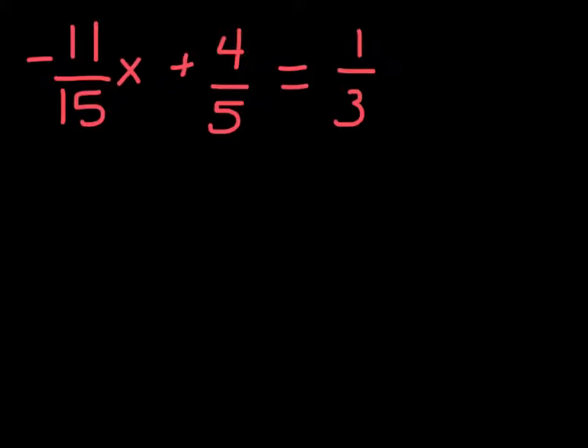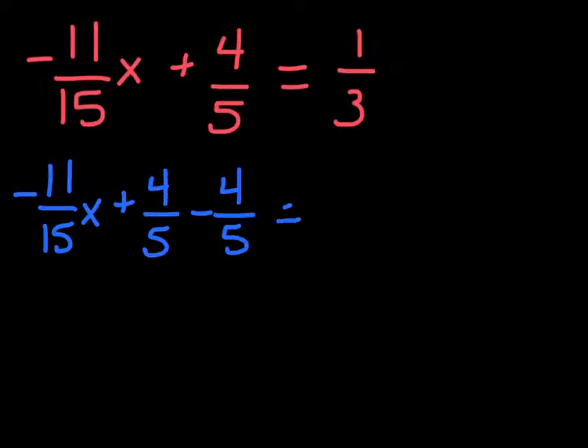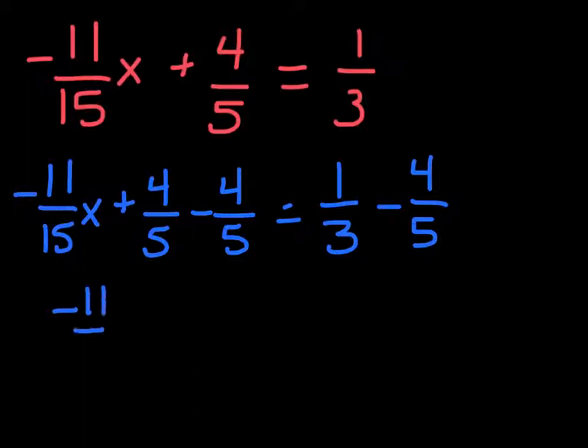Our next example has a two-step equation. Solve for x if -11/15 x plus 4/5 equals 1/3. So our first step is to subtract 4/5 from each side, giving us -11/15 x being equal to, let's see, we need a common denominator here, so it would be 15.